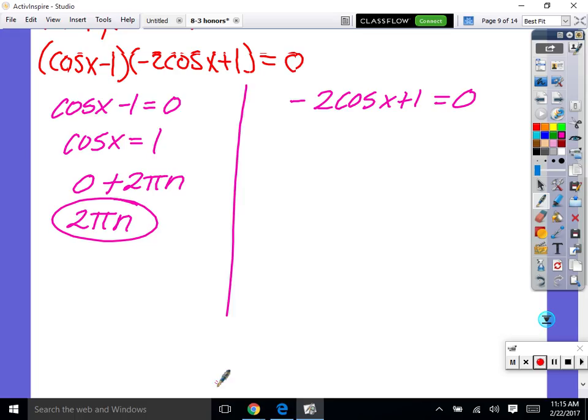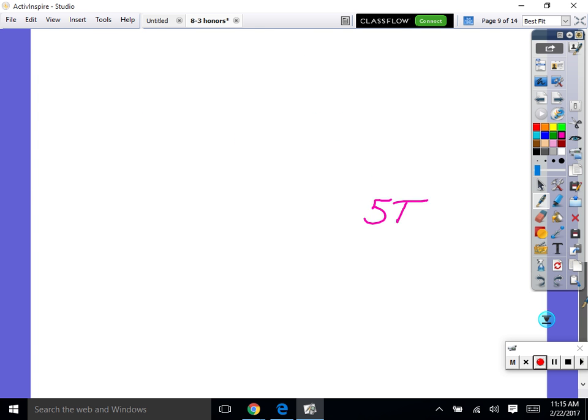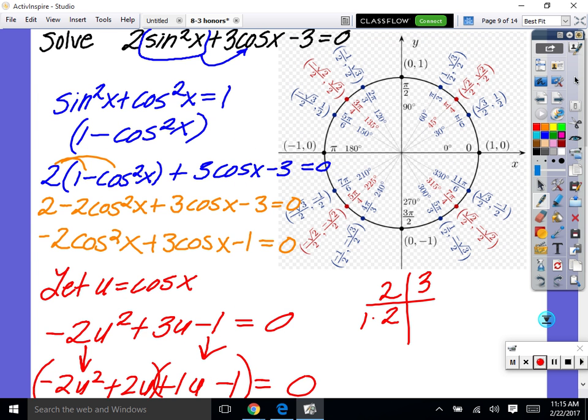And then over here, we'll subtract 1 and divide by negative 2. So we're looking at cosine of x equal to 1/2. There's 2 places on our unit circle where cosine is 1/2. Pi thirds, and then 5 pi thirds, because it's positive 1/2.